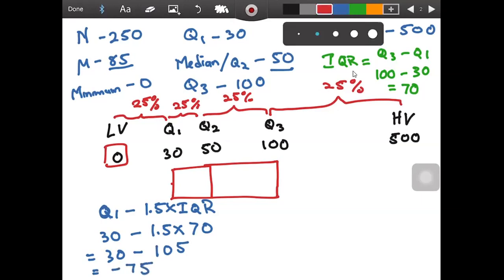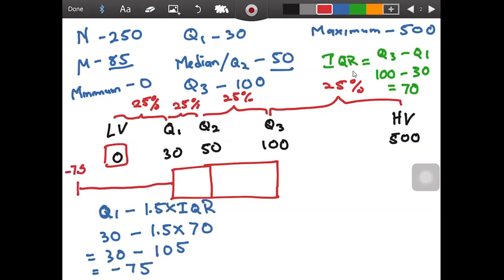So this whisker is at negative 75. So 0 is not an outlier, because the lower whisker is at negative 75.